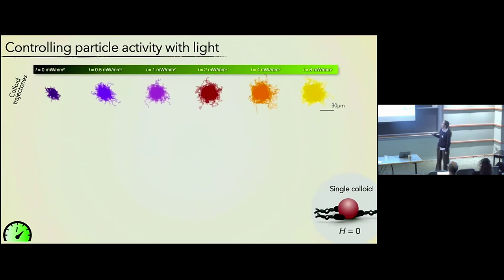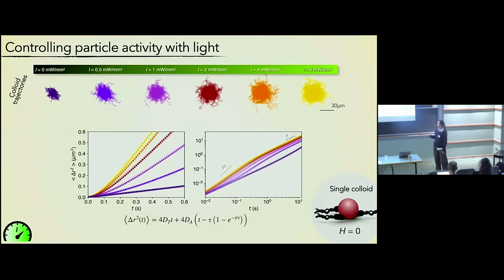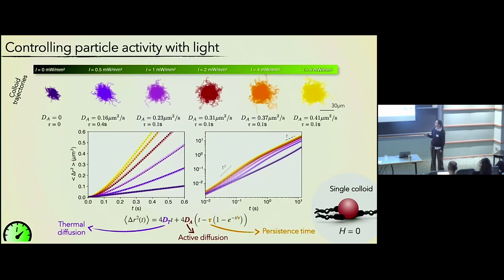These are the superimposed colloidal trajectories at different light intensities that affect the bath, that affect the colloids, without interactions. We can calculate the mean square displacement and fit it to the equation of active Ornstein-Uhlenbeck particles that we expect, and obtain the thermal diffusion, the active diffusion, and the persistence time. So we know from each experiment what parameters we are looking at.